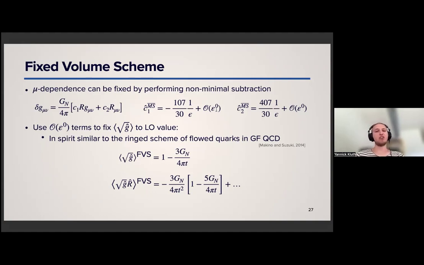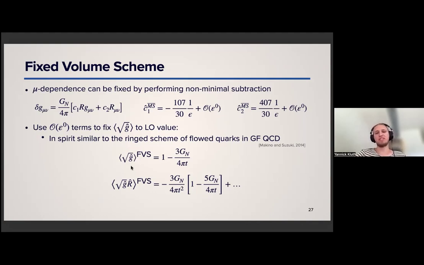And these higher order epsilon terms, we can use to do something very similar to the ringed scheme for flowed quarks in the gradient flow formalism for QCD. What happens there is very similar to here, because there you have quarks that need a wave function normalization, and this wave function normalization also induces some RG scheme dependence. But there you can fix it simply by fixing an operator to basically a constant. And we do the same thing here.